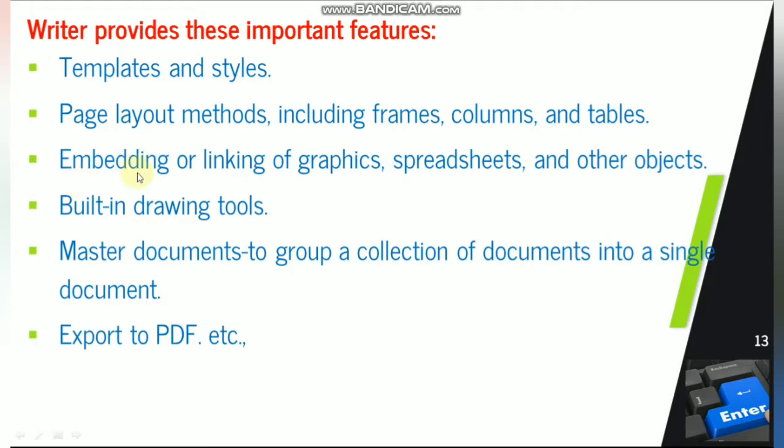Inside a Word file you can add a spreadsheet file, or add a piece of code or text from other Office suites too. We have built-in drawing tools, master documents to group a collection of documents into a single document, and you can export to PDF also. Directly from the Word file you can export it to a PDF file. So these are some of the important features which we will see in our OpenOffice suite.